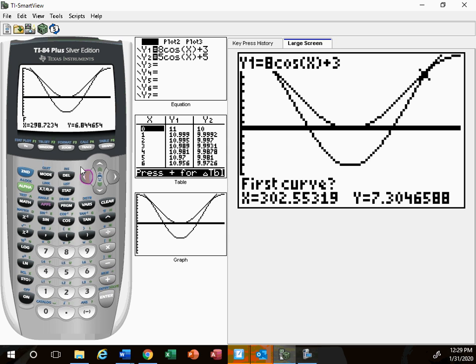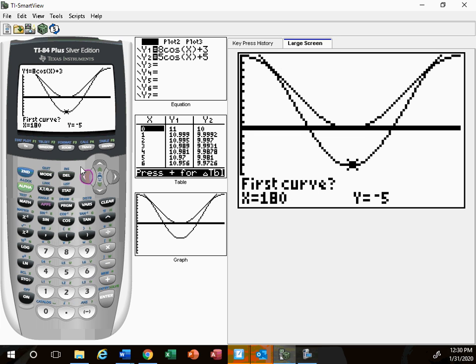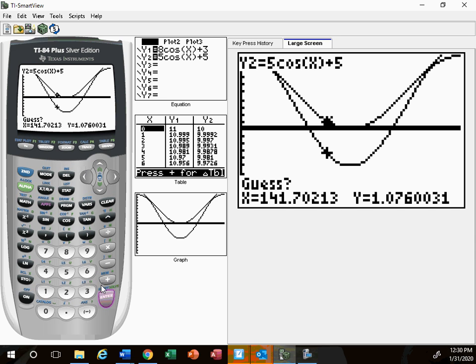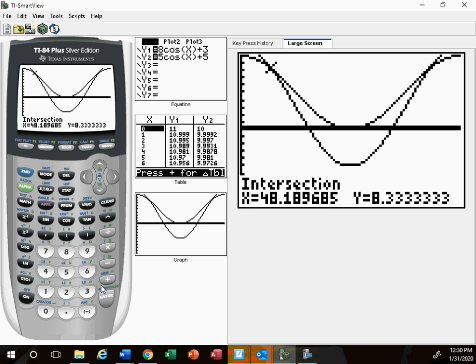You just want to be closer to it than you currently are. All right, that's closer, right? So then I can do enter, enter, enter, and I get 48.190.